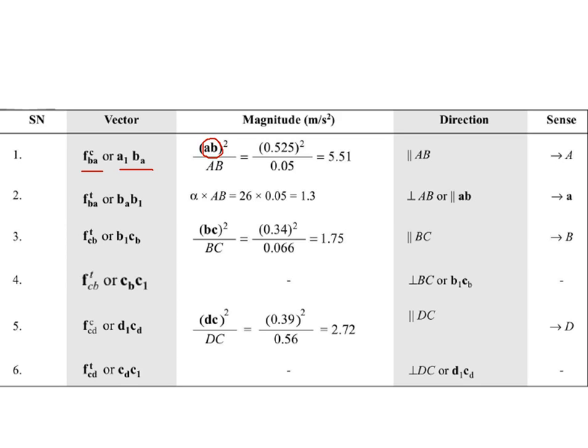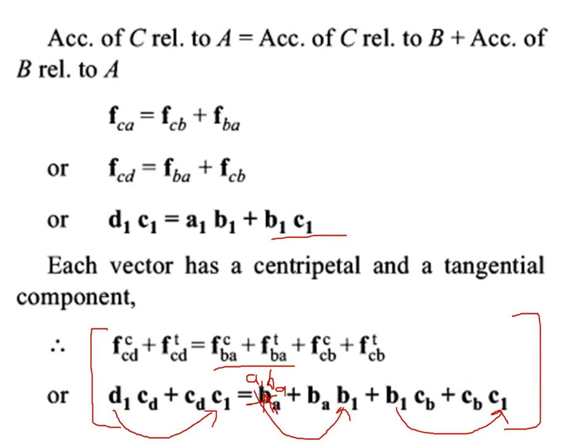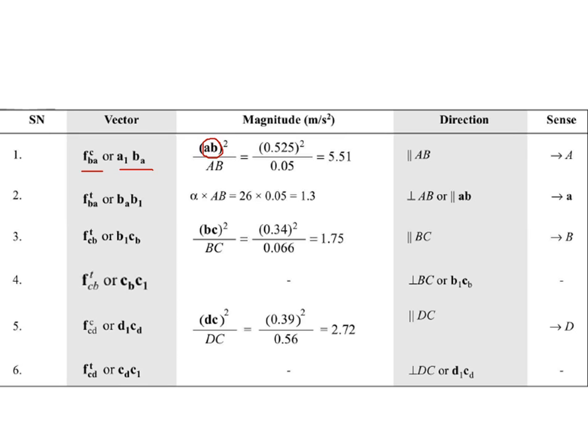So remember that small ab is nothing but this one, A to B, small letter. Small ab means the velocity value 0.525 that you are getting here. So small ab is 0.525, so 0.525 squared divided by the length of AB, that is the length of the link AB. So it is 0.05 meters.